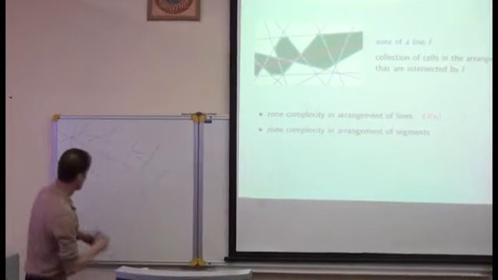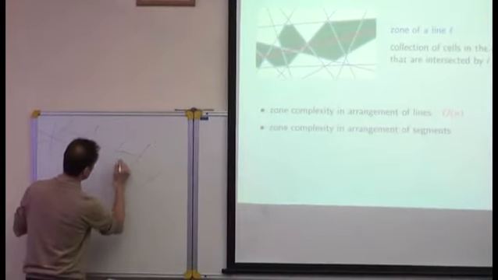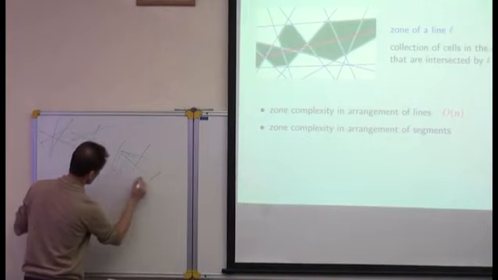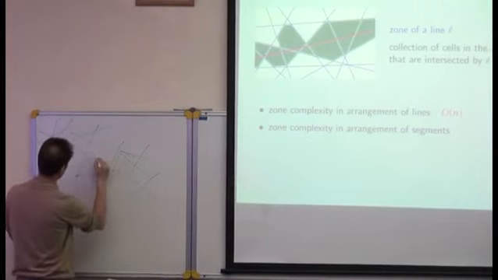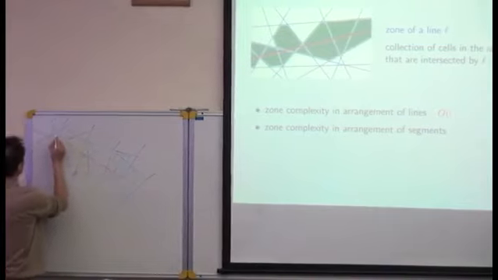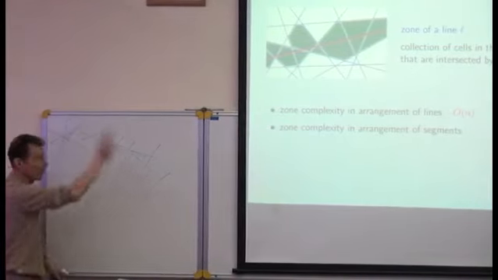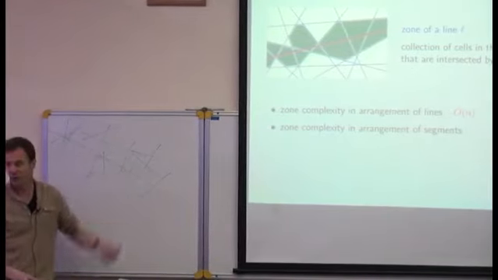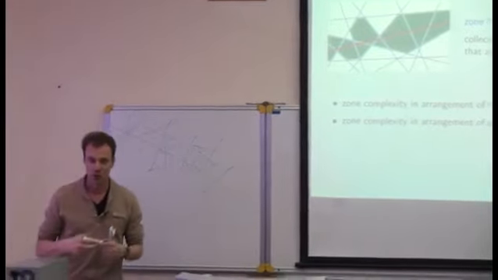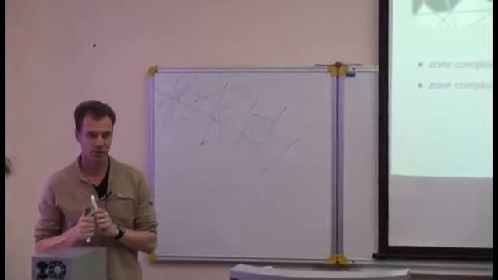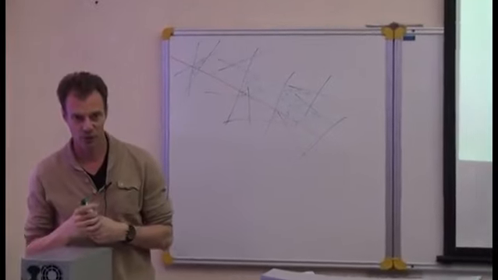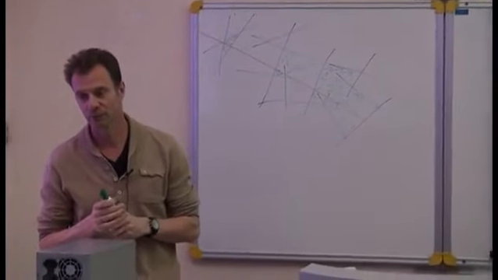So it's going to be, this one here, this is one of them. Here, this is another one. Another one. Also the unbounded face, so actually here almost everything counts. So any idea how much the complexity can be?